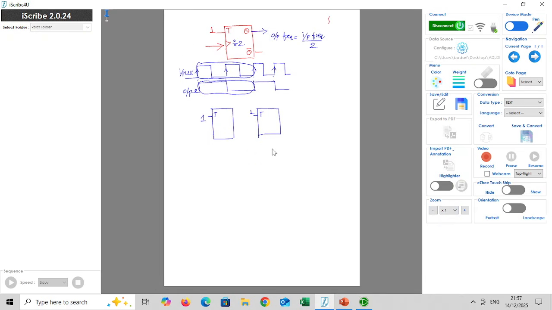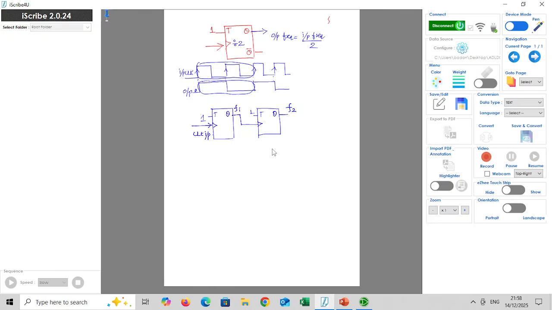Now the input frequency will be fed to the clock input of the first flip-flop. The output of the first flip-flop, let's call the frequency F1, will be fed to the clock input of the second flip-flop. Let's mark F2 as the output frequency of the second flip-flop.